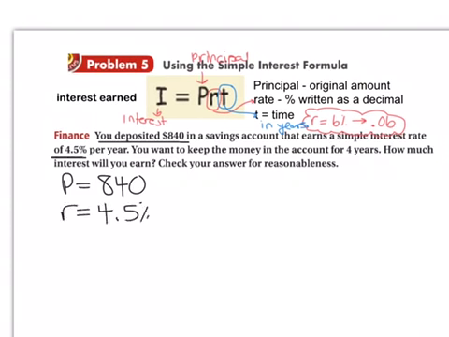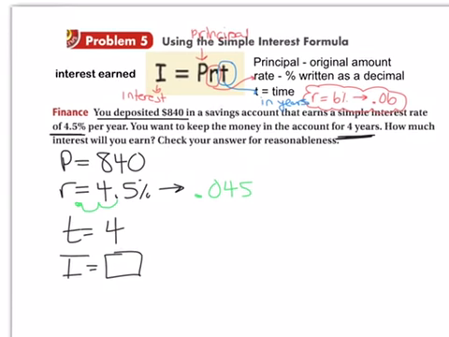Now remember, I have to take that percent and convert it into a decimal. I'm going to shift it 2 places left. So the rate would be 0.045. We want to keep the money in the account for 4 years. So there's my time is 4. How much interest will you earn? So they're asking me to find the interest.